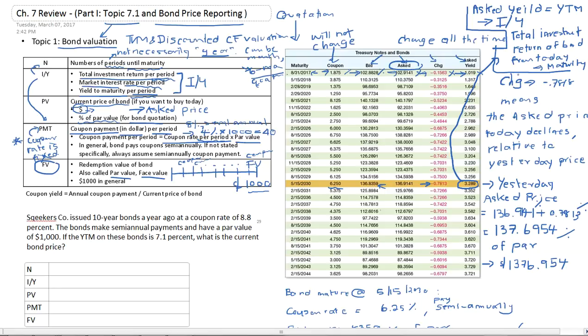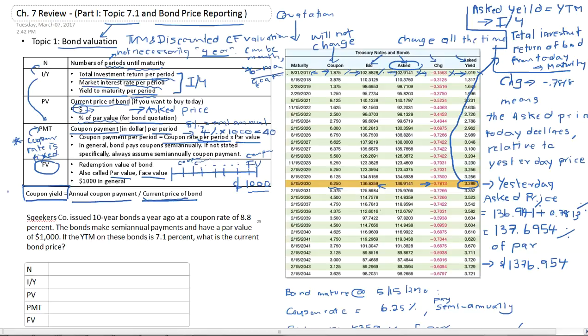All right, the last one I need to discuss is called coupon yield. It comes from this formula: annual coupon payment divided by the current price of the bond. Normally the current yield tells you how much yield you earn from the coupon payment in relation to what you invest in that bond.